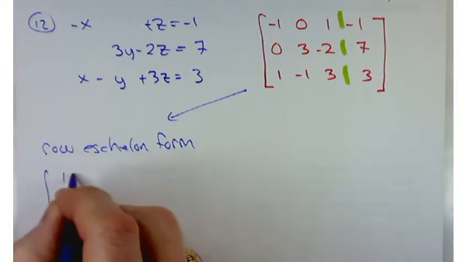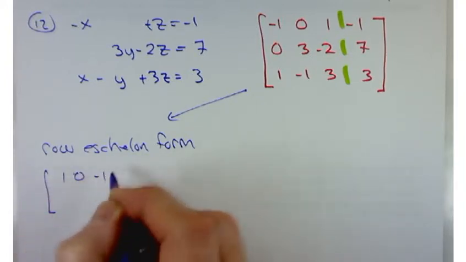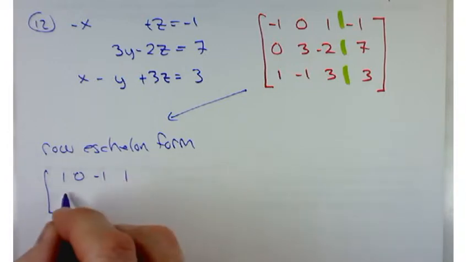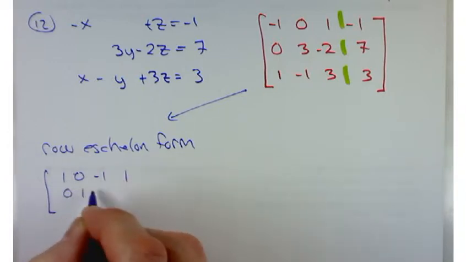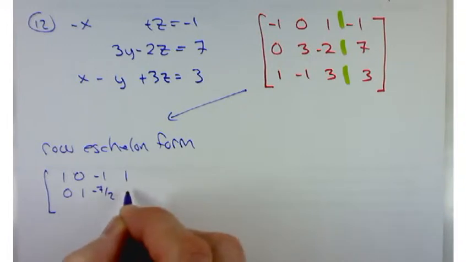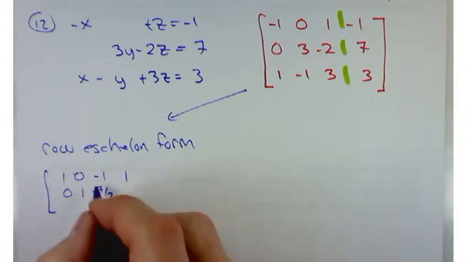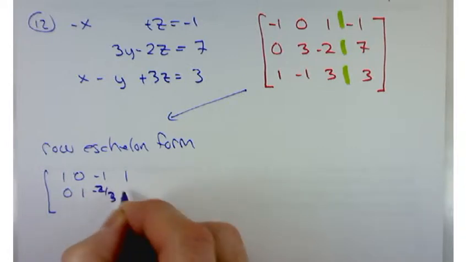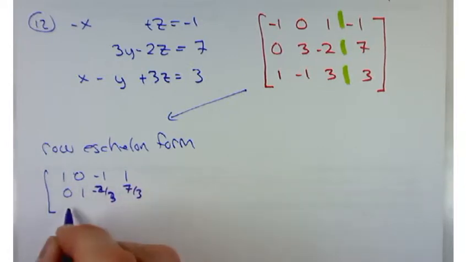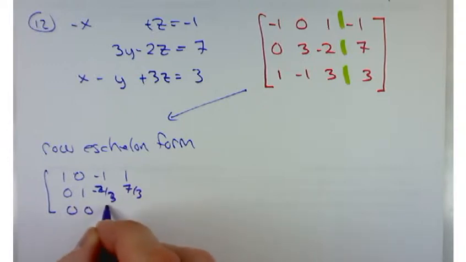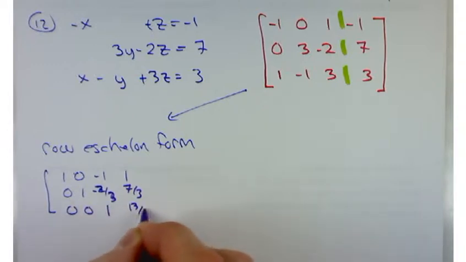It'd be 1, 0, negative 1, and 1. 0, 1, negative 2/3. Excuse me, not negative 7 halves, negative 2/3. My bad. And then 7/3. And finally, 0, 0, 1, and 13 over 10.